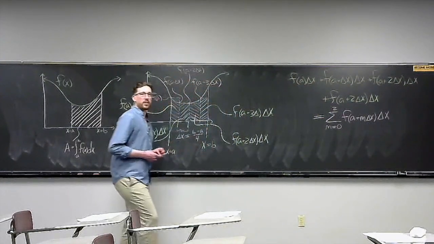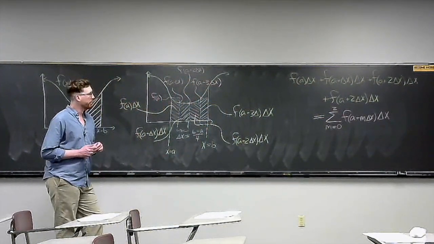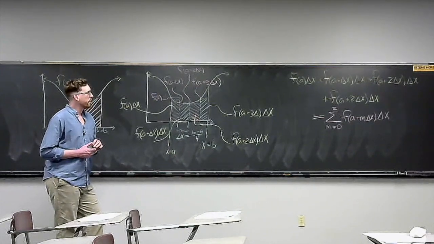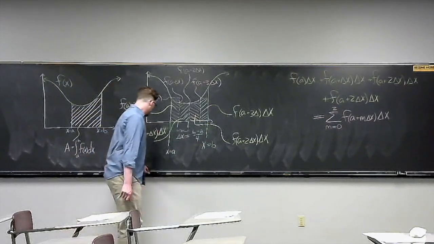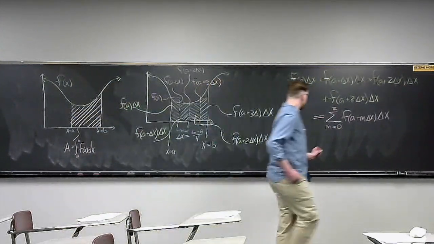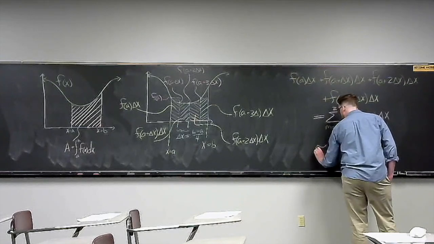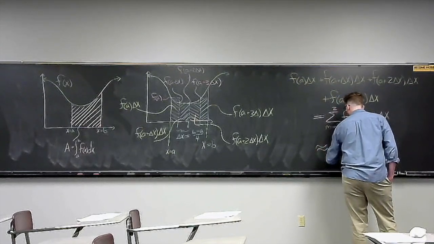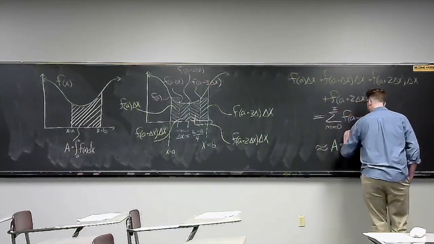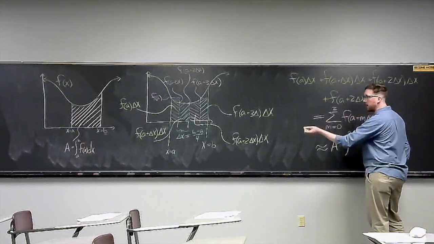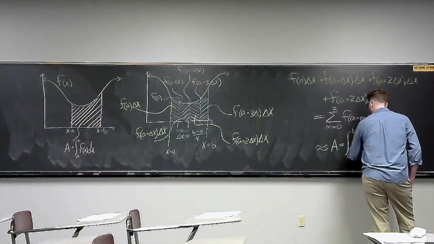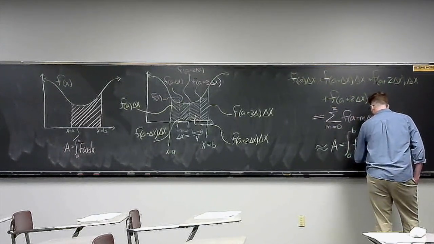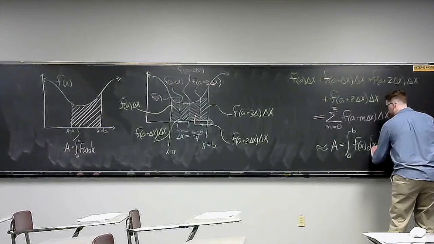So this is how we're going to use this notation. Now check it out. That is approximately equal to the area, which we said is equal to this thing, the definite integral from a to b of f of x dx.